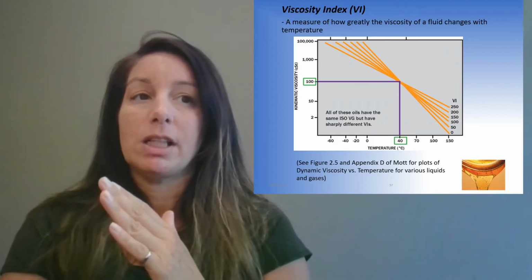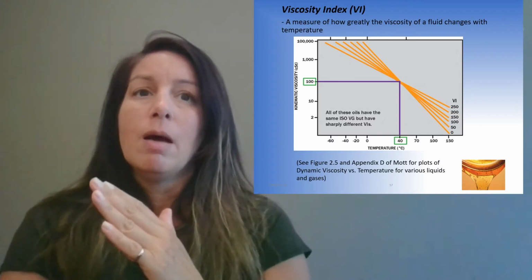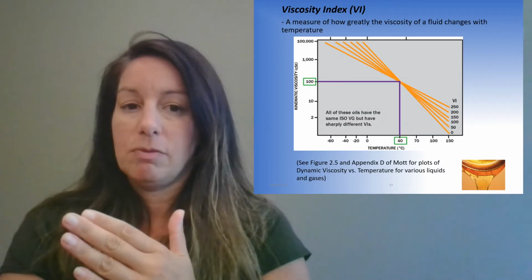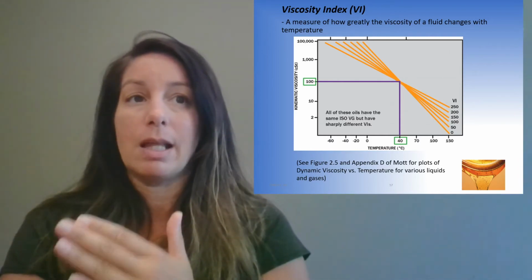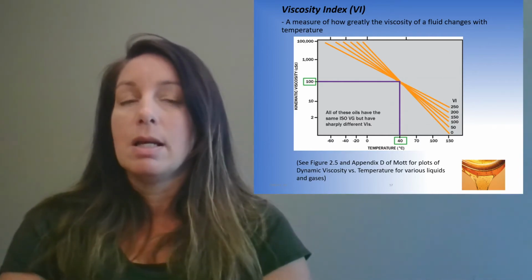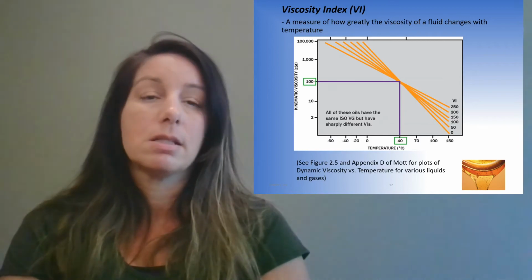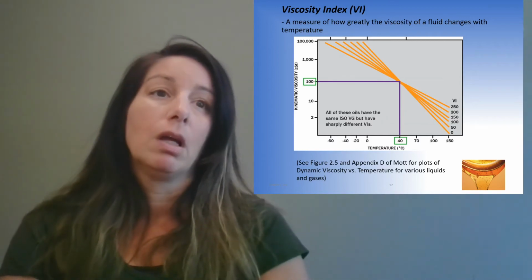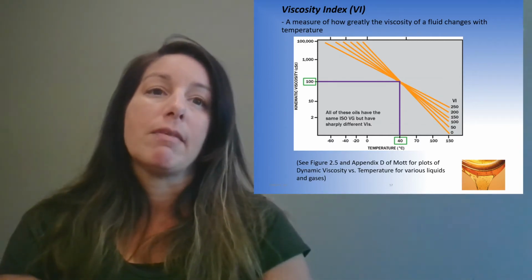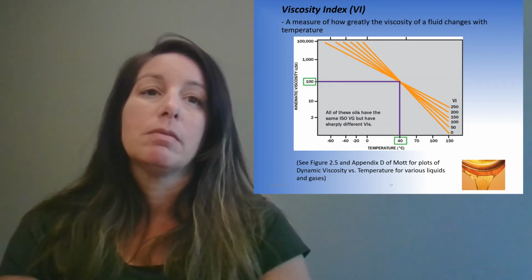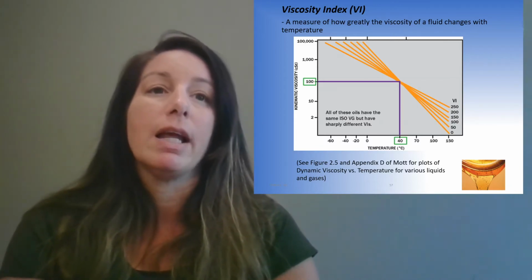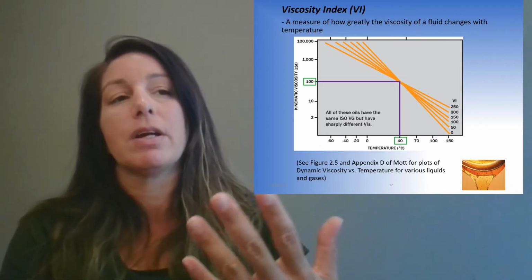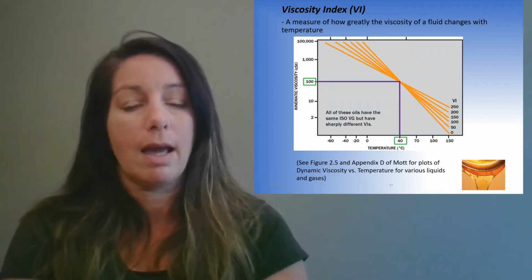We've got ranging from 250 to 0, right? But at 40 degrees C, for some reason, they all have one point in common, this 100 centistokes. So all the oils have the same viscosity gradient, I guess, but different indexes, okay?